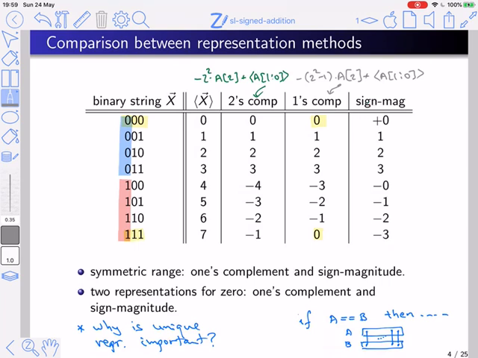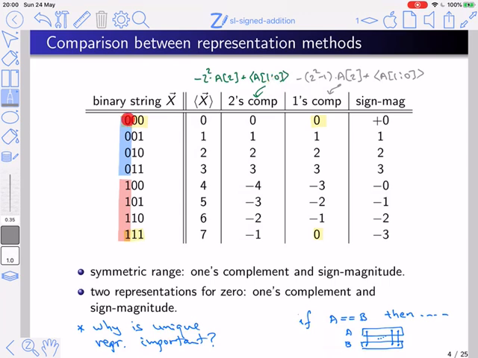Let's talk about the two's complement representation. In two's complement representation, with 3 bits, the number which is represented by these binary strings is minus 2 to the power of 2, which is 4, times A2, plus the number represented by the remaining 2 bits in binary representation.